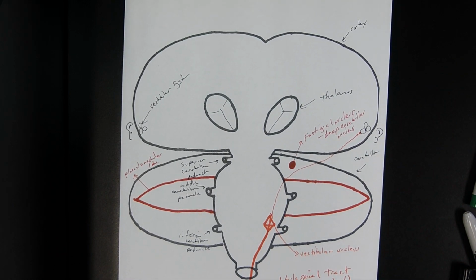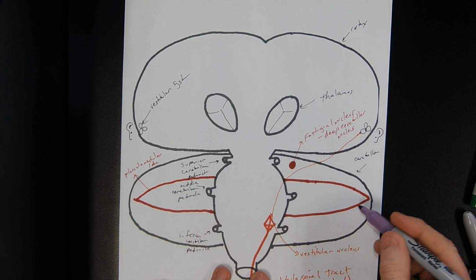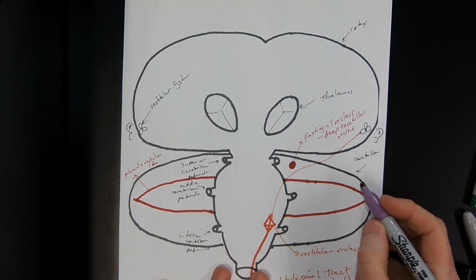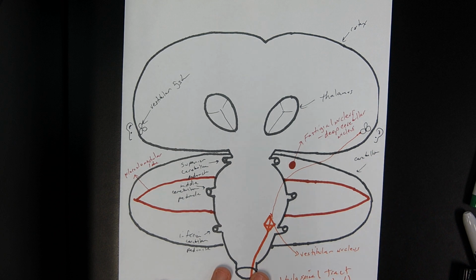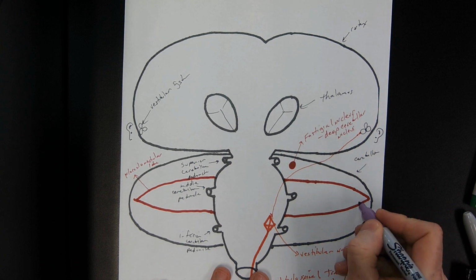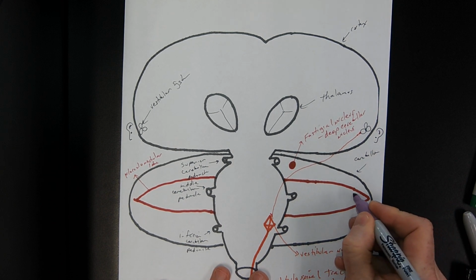Okay, it's going to be specifically associated with any information coming to the flocculonodular lobe or the vermis. We'll get to the vermis here in a minute. One more player we have to draw in here, and that's going to be every specific area, like the flocculonodular lobe, is lined with these Purkinje cells. It has its very own Purkinje cell associated with it.